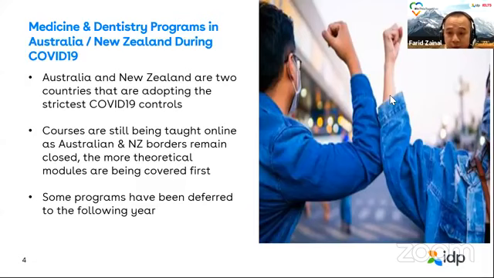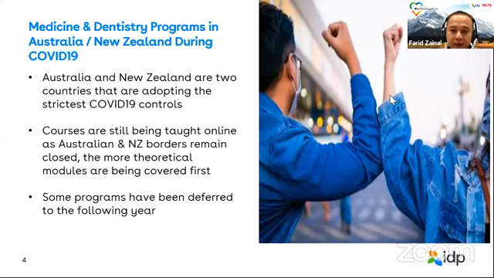The other reasons for the brighter outlook are the systematic rollout of the vaccines in both countries. Both countries are looking to complete the vaccination of their population by the third quarter or end of this year. Other reasons also include stricter COVID control measures, as both countries are getting to understand this virus better.